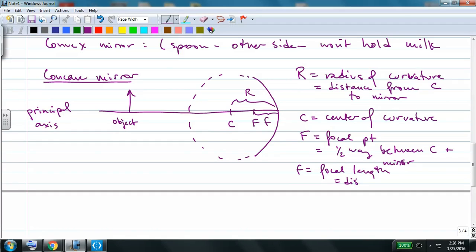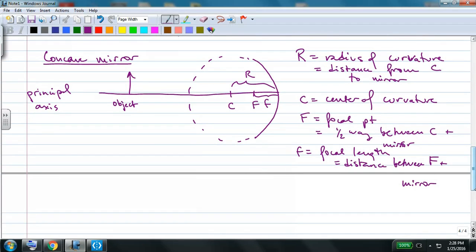And this is the distance between f and the mirror. And some of you have done work with parabolae. What's the parabola? Well, at least one parabola you've worked with, and you might have talked about the focus of the parabola. That is not unlike our F here. The difference is that we're talking about a sphere, right? These are part of a circle, really, and so it's not parabolic.